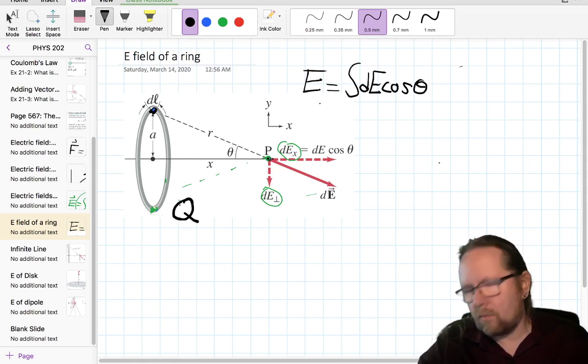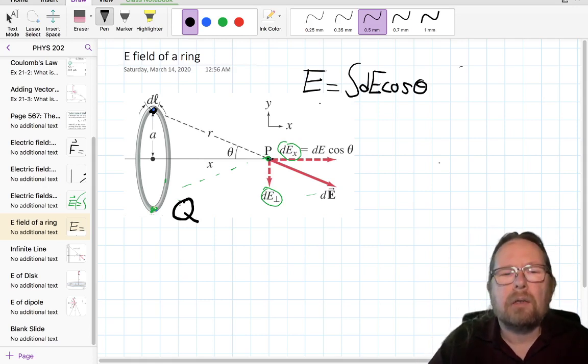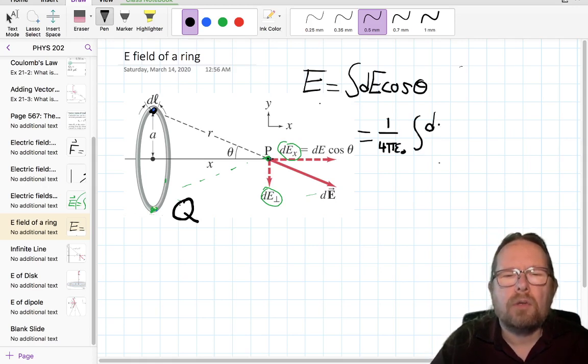So we can write this as 1 over 4 pi epsilon naught the integral of dq over r squared, where dq is every little bit of charge that contributes to the electric field, times the cosine of theta.